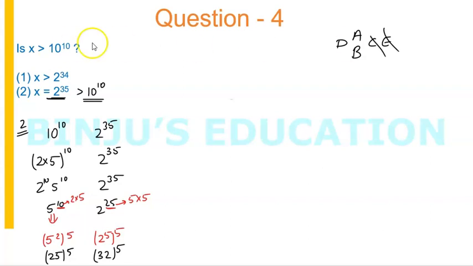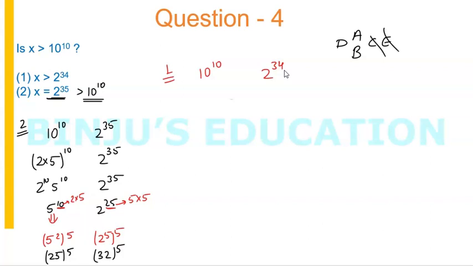Now, if the first statement is x is greater than 2 to the power 34, let's do one thing. Let's compare 10 to the power 10 with 2 to the power 34. If we are able to prove that 2 to the power 34 is greater than 10 to the power 10, then of course anything greater than 2 to the power 34 will always be greater than 10 to the power 10.